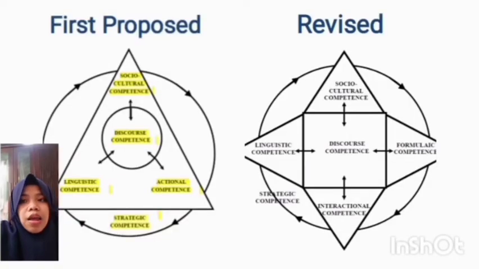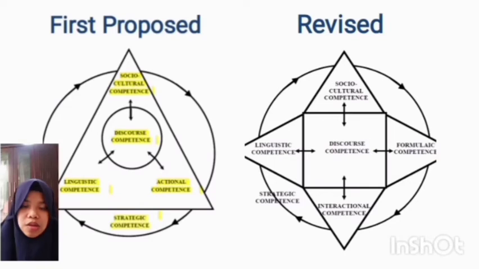And let's move on. As you can see in the picture on my PPT, it's Professor Murcia's contribution that she first proposed. There's a pyramid enclosing a circle in that picture, and there are 3 points of the triangle. The top is sociocultural competence, and the bottom are linguistic competence and actional competence.